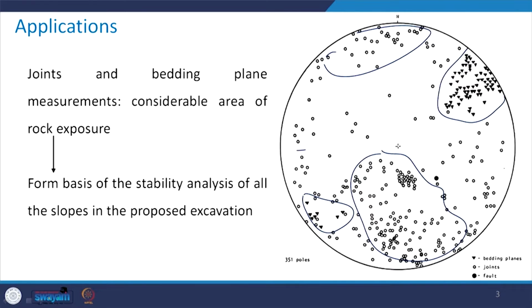That means the whole area has been mapped onto this stereo net, and based upon these geological structures, their concentration, and where we are planning to go ahead with any kind of excavation, maybe for slope stability analysis, for tunneling purposes, or for foundations on the rock mass, accordingly this data will be helpful to us.